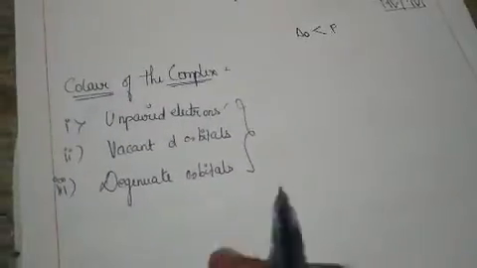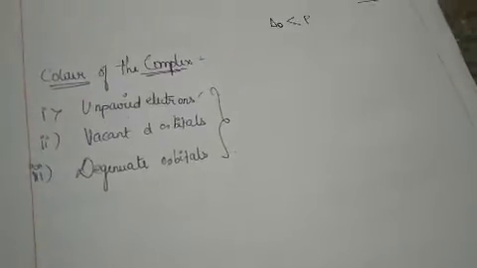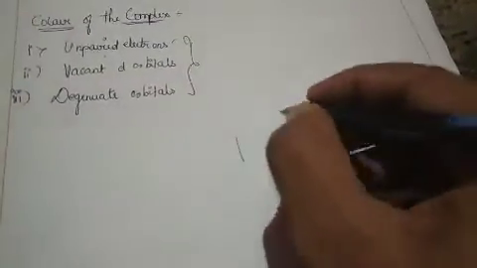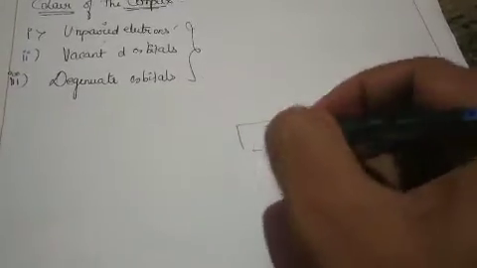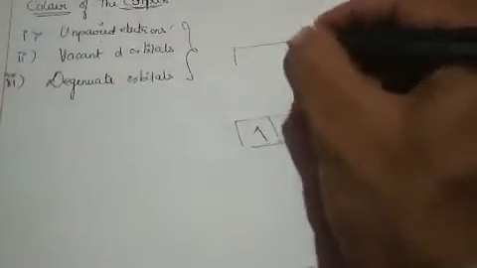For example, as a mere explanation, what is the major explanation for the color of the complex? What happens if I consider an electron in my t2g set, and there is an eg set?